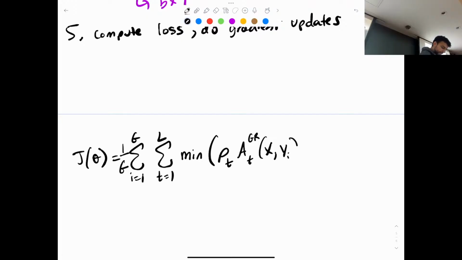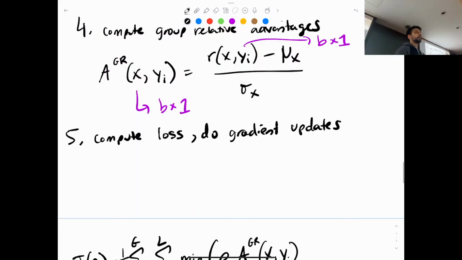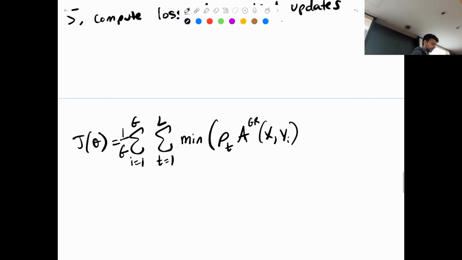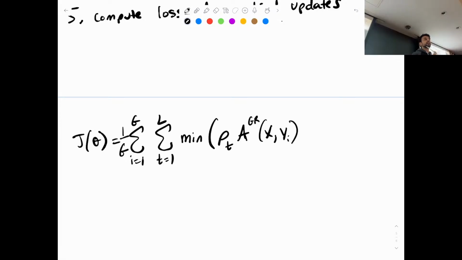So note that here I can get rid of this t because this group advantage is of shape batch by 1, right? And so here, when we do this product, we're basically going to broadcast that advantage to every single token position in the sequence. So all of the tokens get the same exact score for a particular response in the group, which is in this advantage.